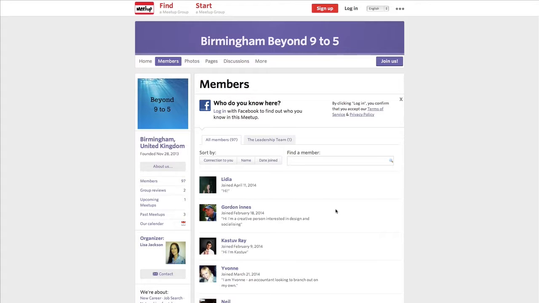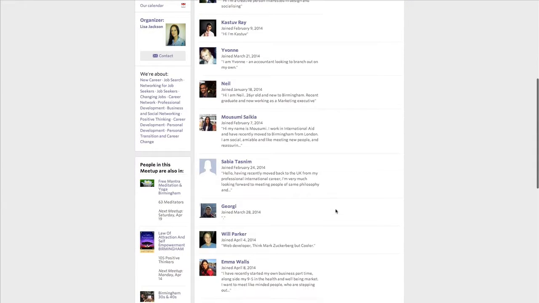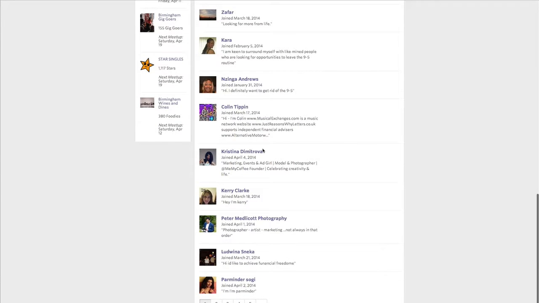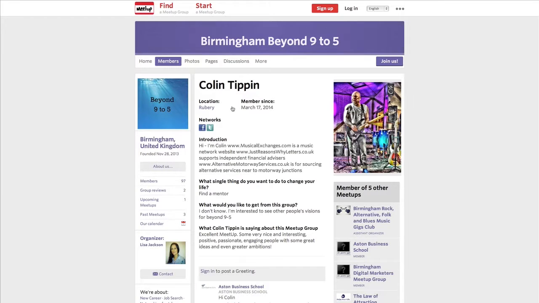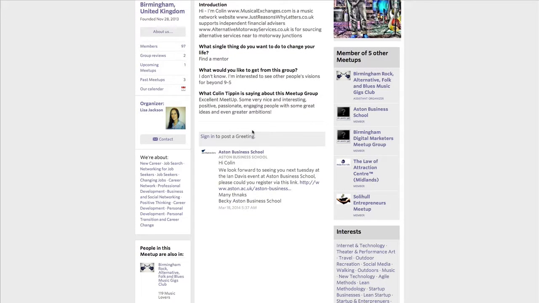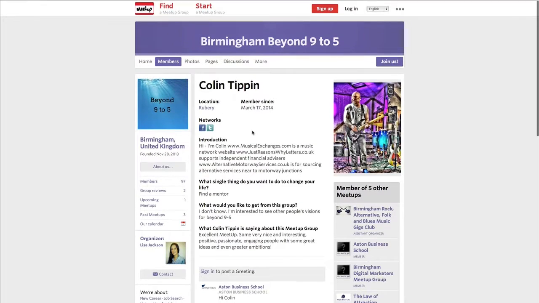These aren't necessarily people that are going to this next event, but these are members of a networking group outside of LinkedIn, and we can get their name, we can find out more about them. No doubt we'll find out where they work, what they do. We can find these people quite easily on LinkedIn, connect to them, and say, oh, I notice you're also a member of Birmingham Beyond 9 to 5. It's a great way to start a conversation in a way that people simply do not expect.